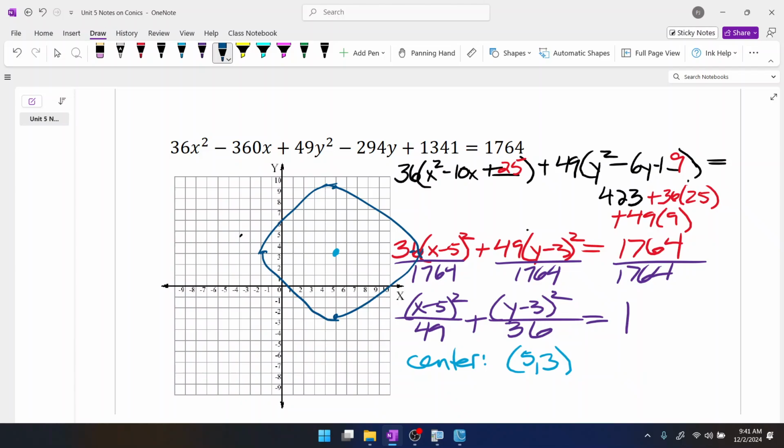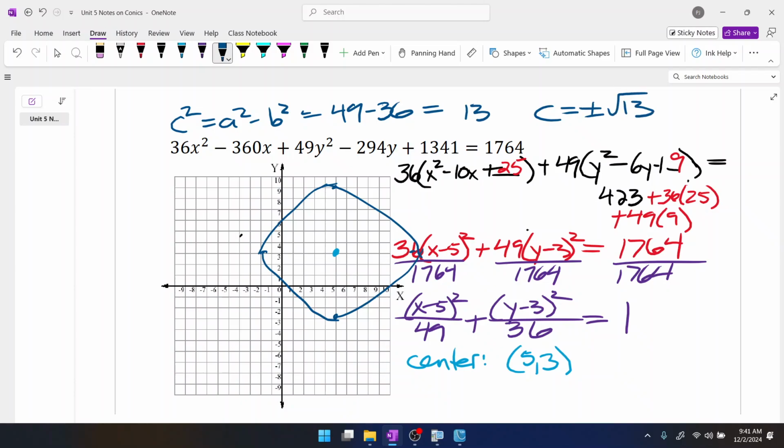Now, if you remember, because this is an ellipse, c squared is going to be a squared minus b squared. So it's literally going to be 49 minus 36, or 13. C will equal plus or minus the square root of 13. Now, the foci will be located right on the horizontal axis here.